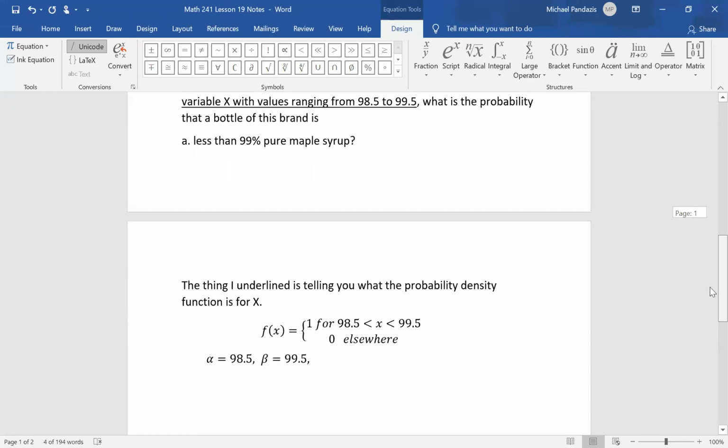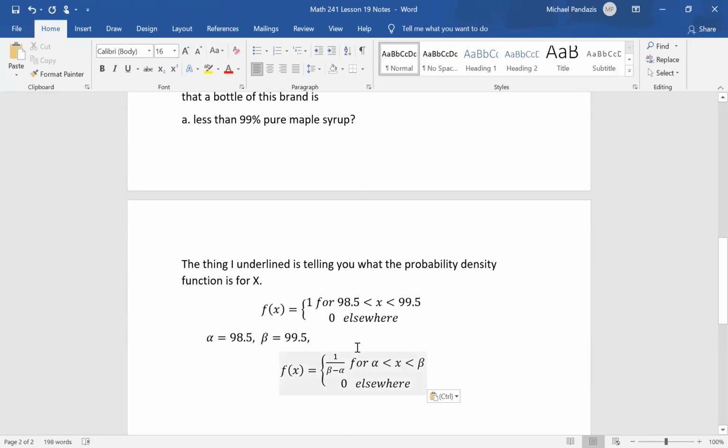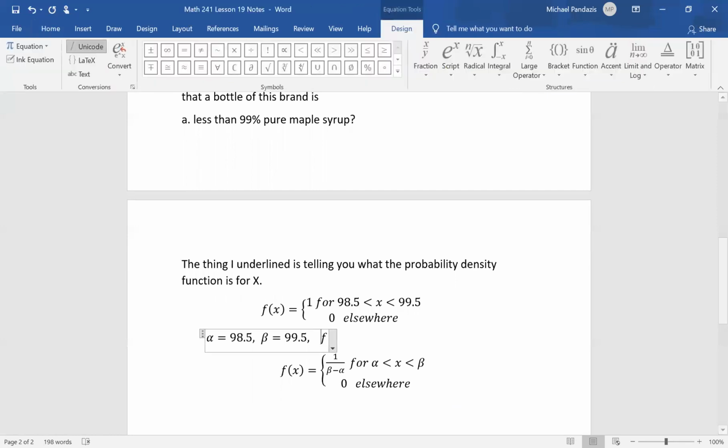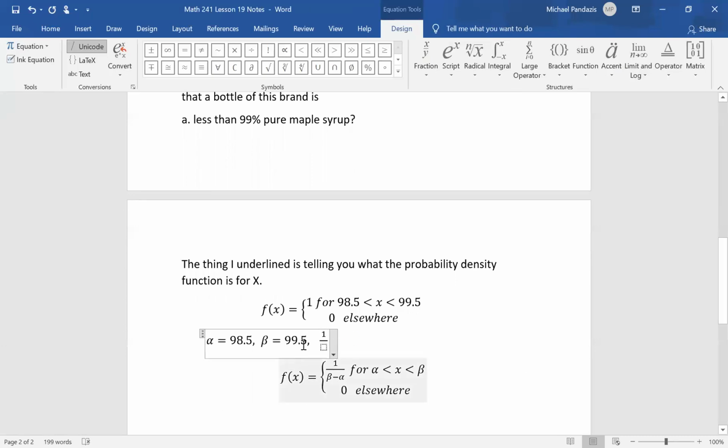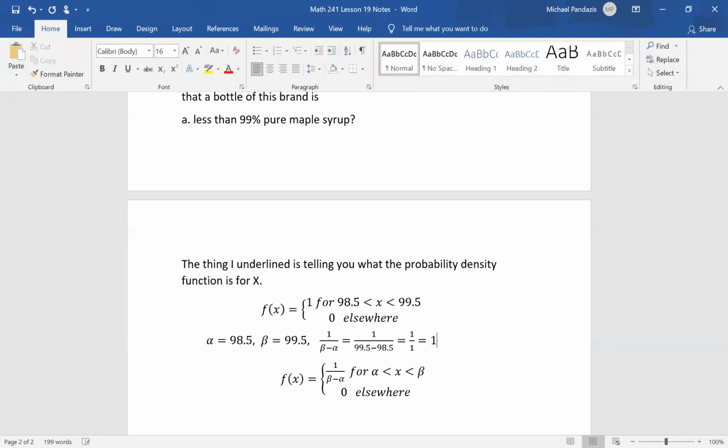So what is 1 over beta minus alpha? 1 over beta minus alpha is equal to 1 over 99.5 minus 98.5, and this is equal to 1 over 1, which is 1. Okay, so the denominator is 99.5 minus 98.5, which is 1 over 1, which is 1.